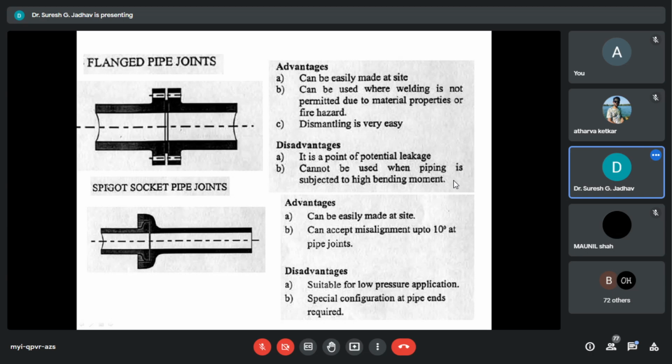And with the help of socket joints, misalignment can be accepted up to 10 degrees while connecting pipe joints with spigot socket pipe joints.